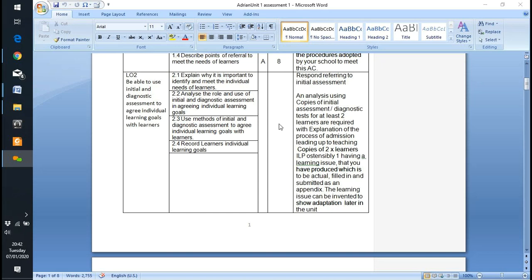Yeah. Okay. Now, that's because on here it says explain why it is important and analyse the role and use of these things in agreeing learning goals. Use methods, and then again it's use and record. So it's asking you to produce those documents, basically.